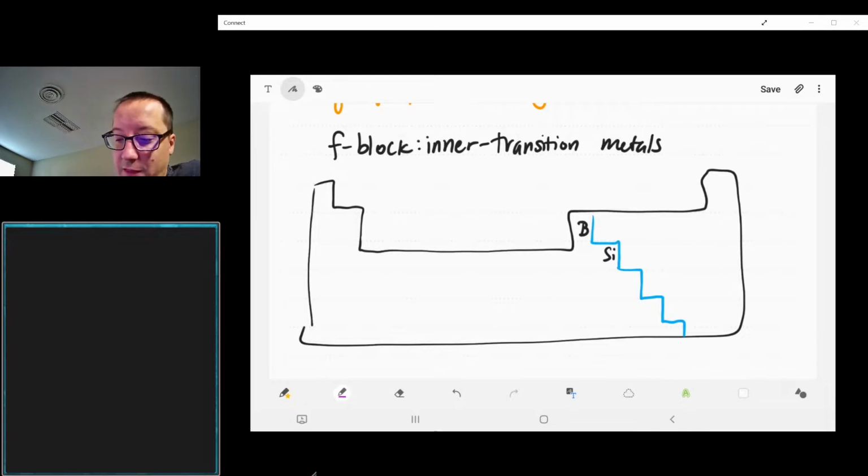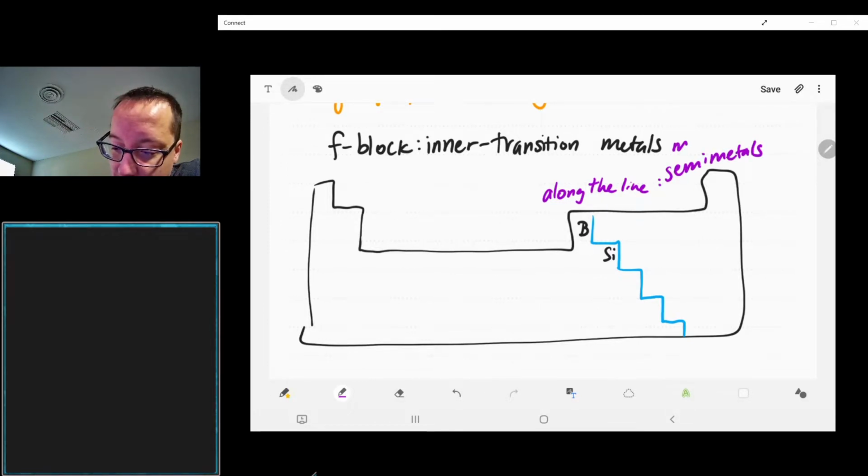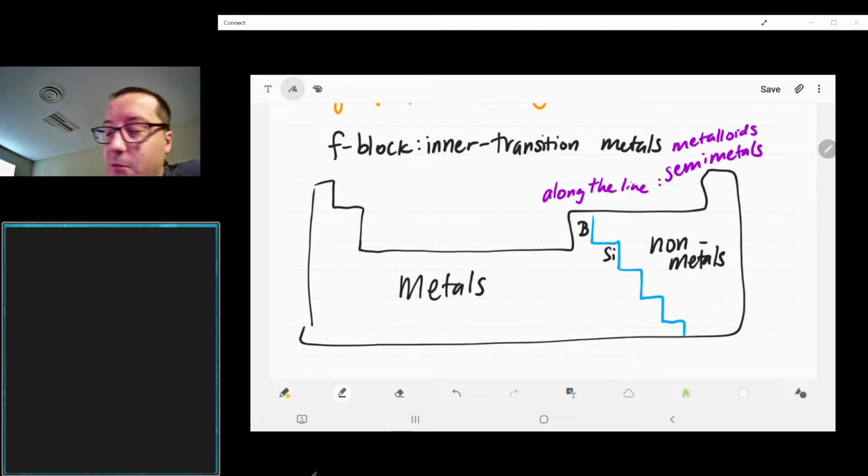Everything along this line is going to be special. Those are what are called semi-metals or metalloids. They're going to be neither metallic nor non-metallic, but the rest of them, everything on this side will be metals, and everything on the other side will be non-metals.